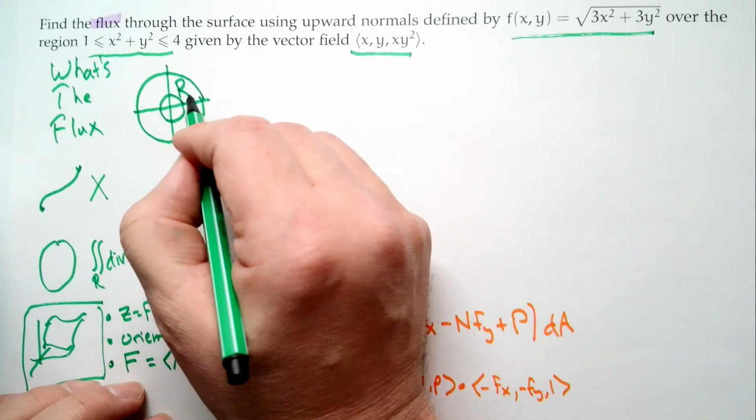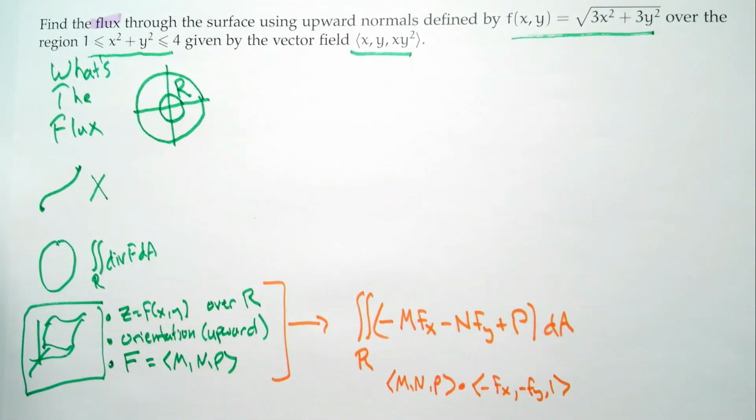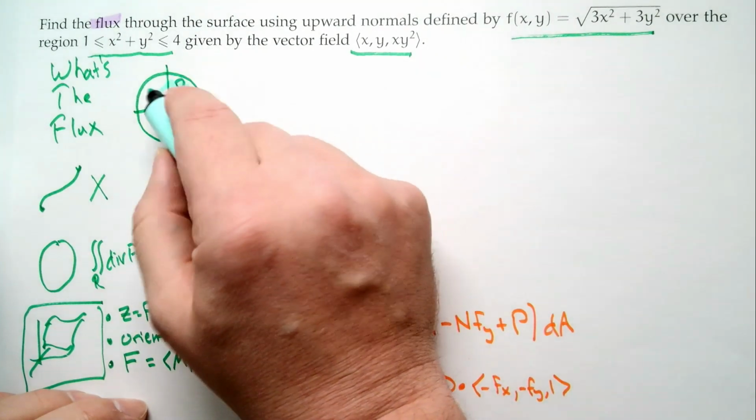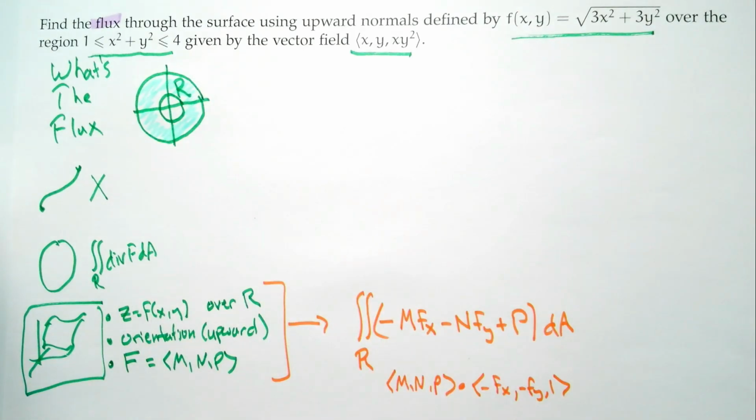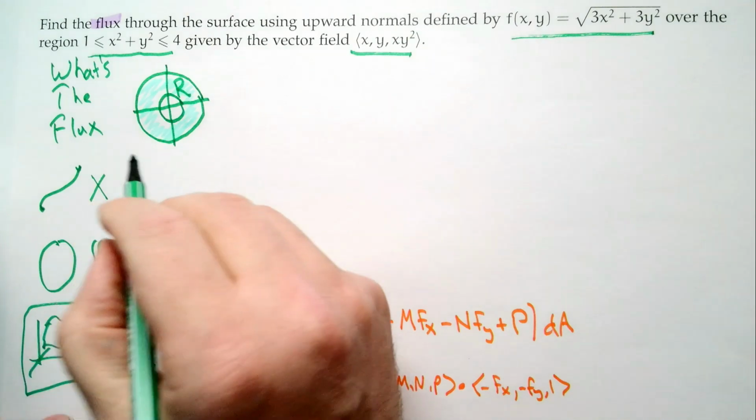Now when you see a circle inside of a circle, what does that suggest? Polar. Yeah. If you start seeing circles showing up in your regions, you should try polar. Now, do we have to? Well, it depends.